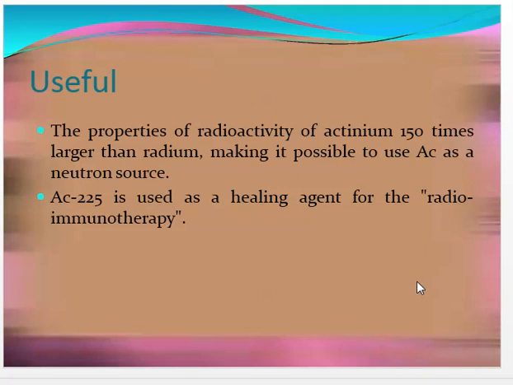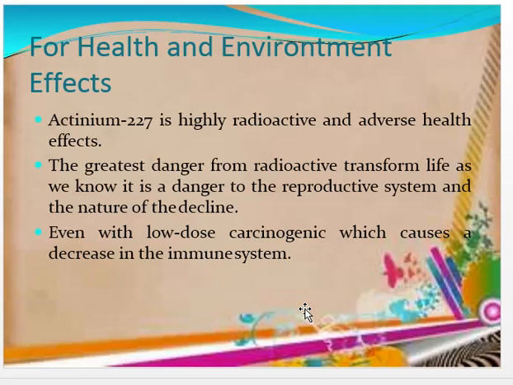Useful properties: the radioactivity of actinium is 150 times larger than radium, making it possible to use actinium as a neutron source. Actinium-225, an isotope of actinium, is used as a targeting agent for radioimmunotherapy.